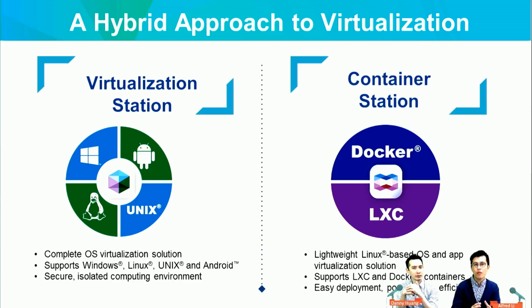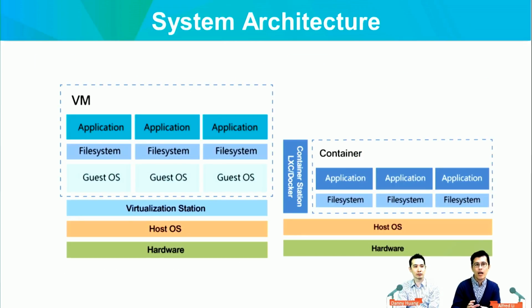So why do we provide those 2 different approaches to virtualization? This is because we want to provide a comprehensive solution, especially for the VM purpose or the container purpose. So what's the difference between them? Let's see. In the system architecture, the left illustration is about the virtual machine.